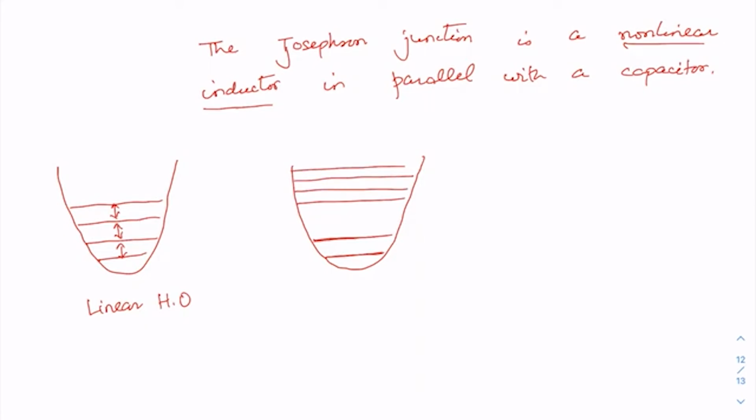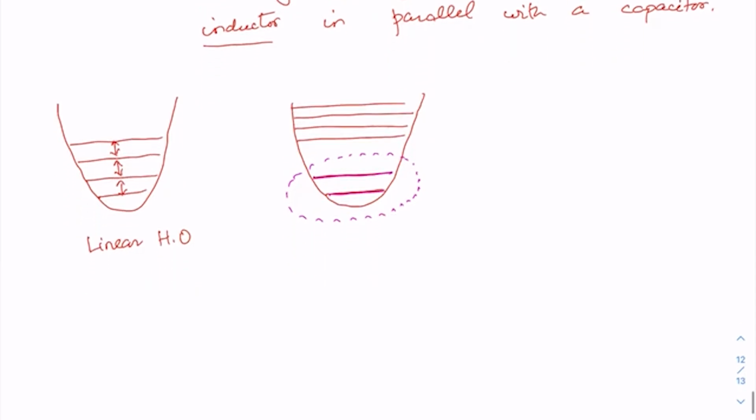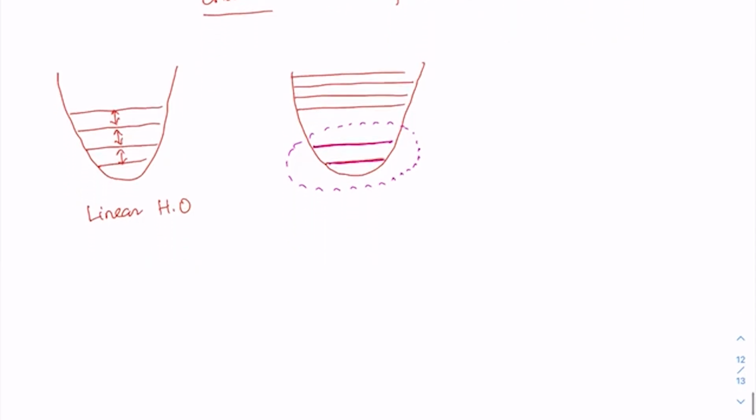In that case we can consider this whole structure as a two-level system, because then we can simply focus on only these two energy levels. So under the so-called two-level approximation, this Josephson junction will behave like a qubit or a two-level system.